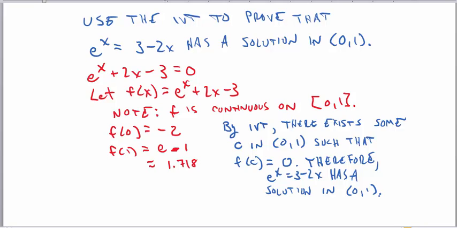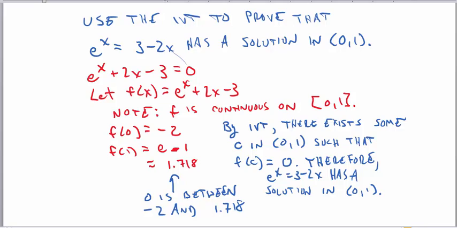So if I apply the intermediate value theorem, I can say since it went from a negative to a positive, there had to be some value of c in between 0 and 1 that would make the function equal 0. So that meant that the original equation had a solution in the open interval from 0 to 1.